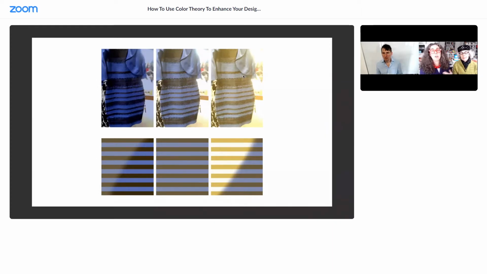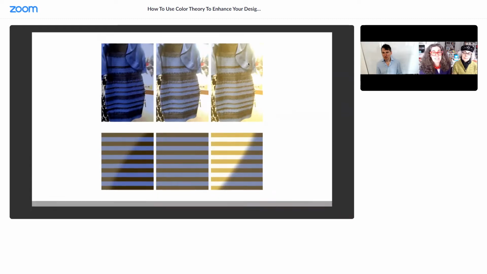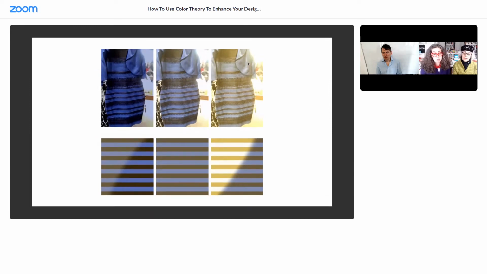And depending on whose eyes and brain are observing the dress, the light illuminating it and what surrounds the dress, it might appear as white and gold, or blue and black, or something else entirely. If the observer is colorblind, or if the observer is a bird, a bee, or a dog.